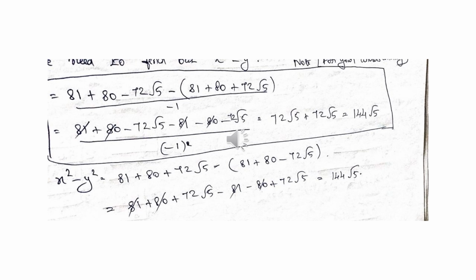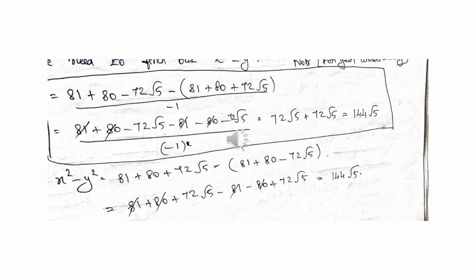Okay, second one, x plus 1 by x. X already we know, x is equal to 2 root 3 plus 2 root 2, and plus this 1 by x also we know, root 3 minus root 2 by 2. Okay, so the answer will be 5 root 3 plus 3 root 2 by 2.